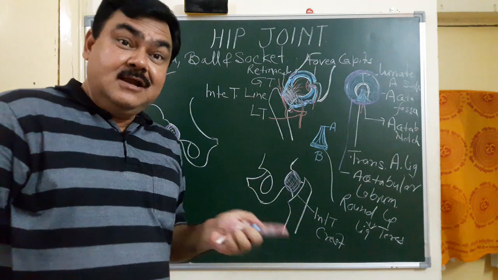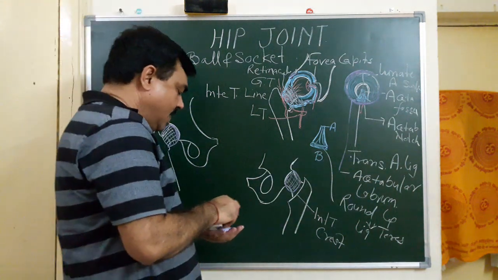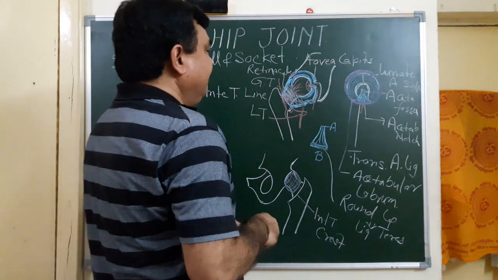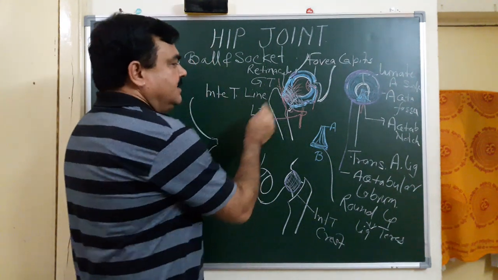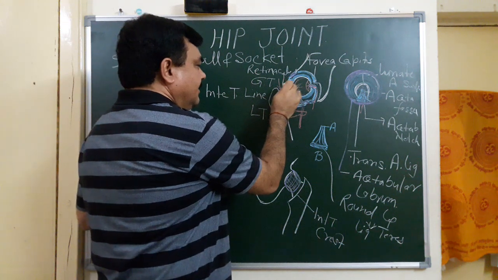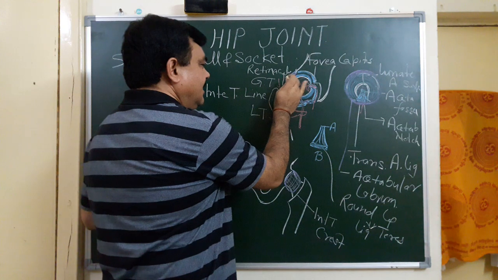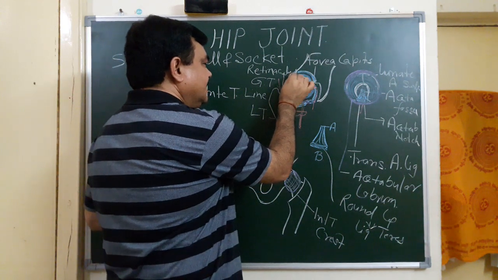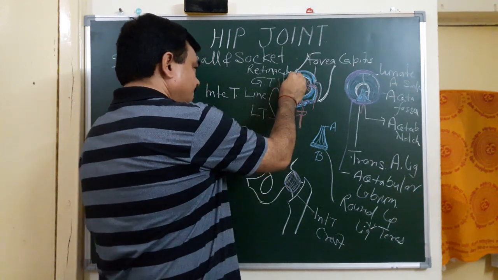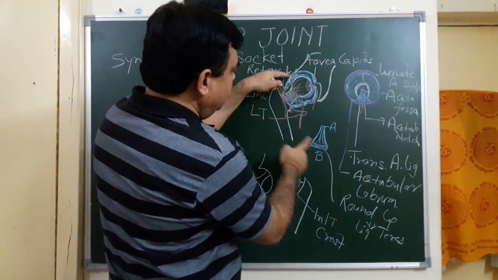This capsule is internally lined by synovial membrane. So here you can see the synovial membrane, which covers the capsule like this, and it also covers this acetabular labrum.